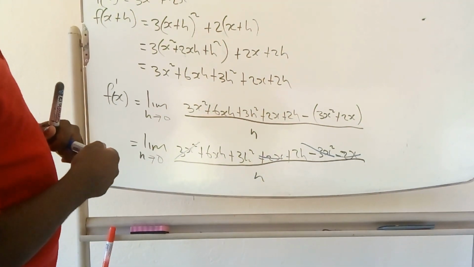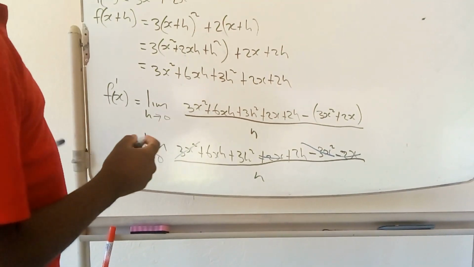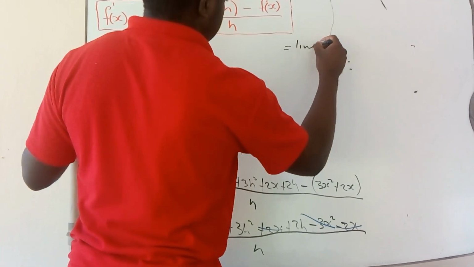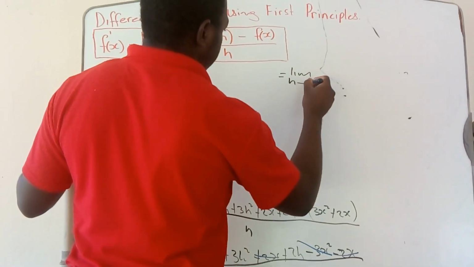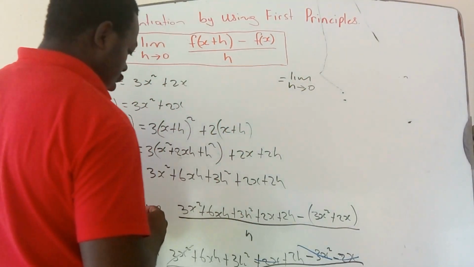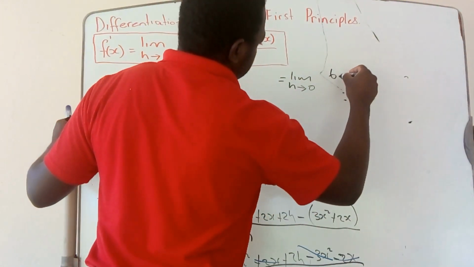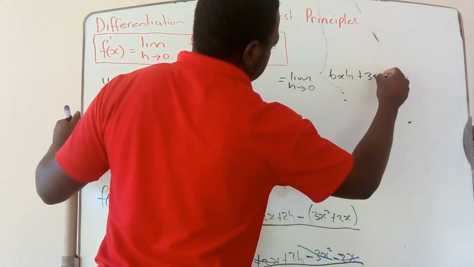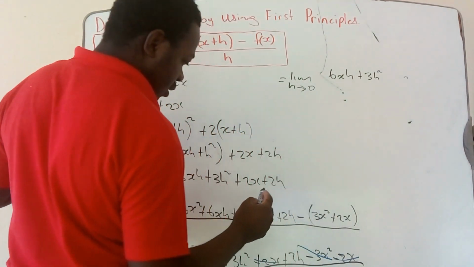So all we are left with is the limit as h approaches 0, right? We have 6xh plus 3h squared, right?